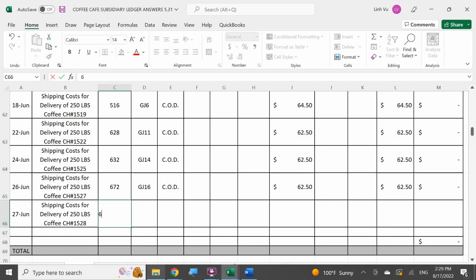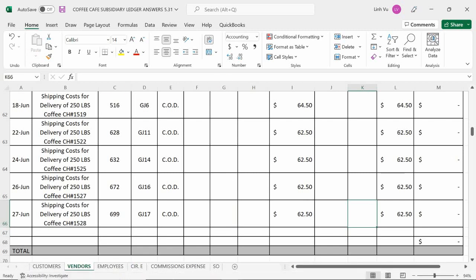Right, it was invoice 699, General Journal, page 17, for COD. And of course, it was for $62.50. And I paid with my check $15.28 for the $62.50. Right?